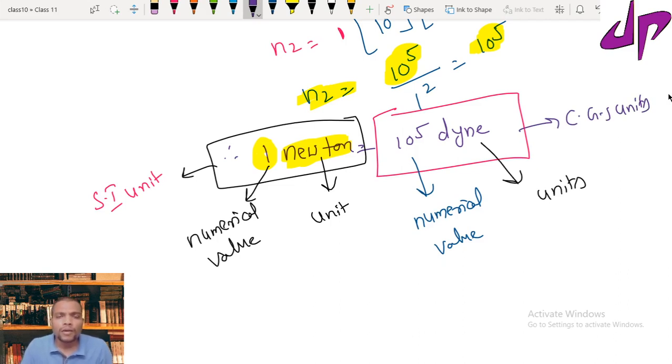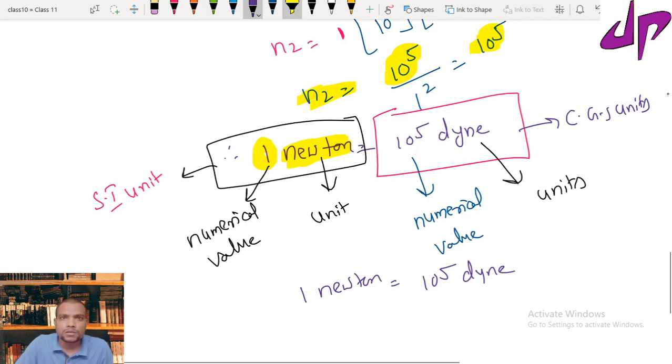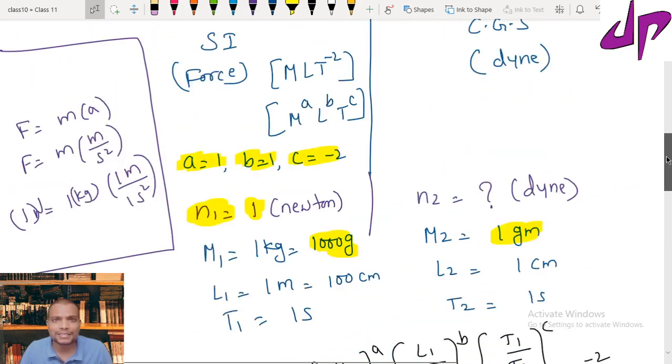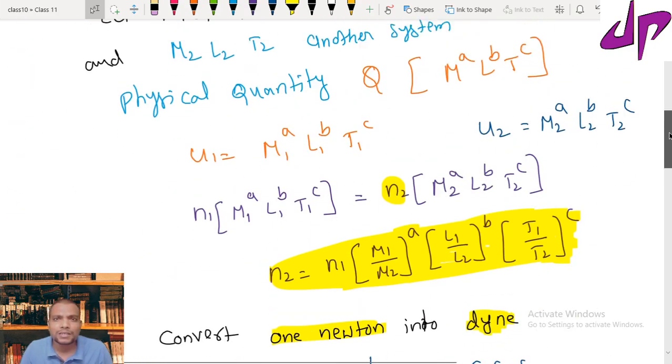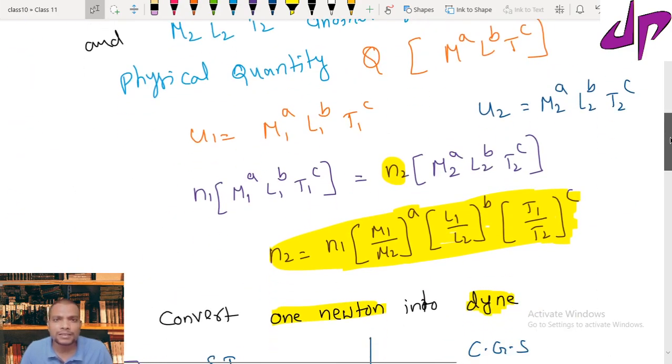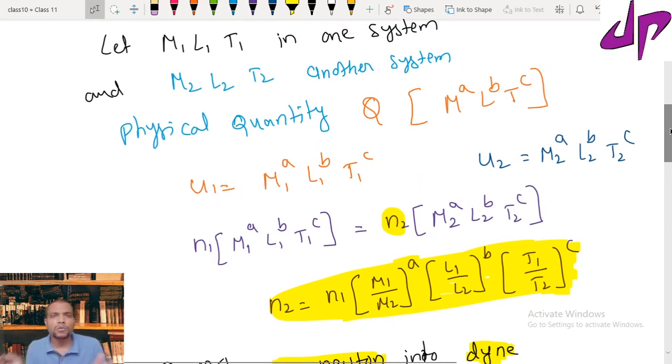So 1 Newton equal to 10 power 5 dyne. So this number we calculated by using dimensional analysis. This is how we started, by taking the corresponding physical quantities in both.